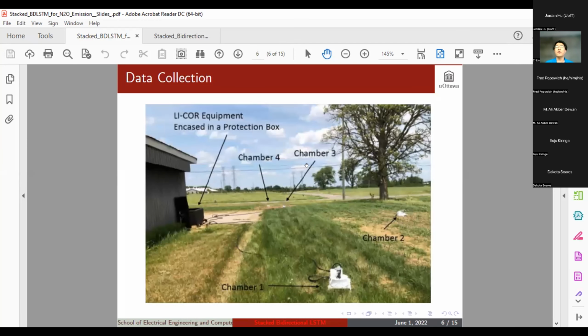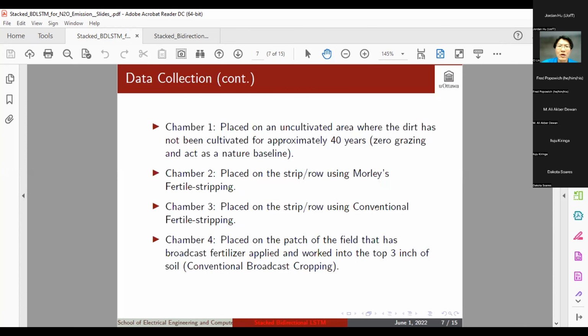And for the data collection, because we have 4 chambers, the data is collected by the recording equipment, which is encased in a protection box, and then we put the sensors in 4 different places for serving as different farming practices. We place chamber 1 on an uncultivated area where the dirt has not been cultivated for approximately 40 years.